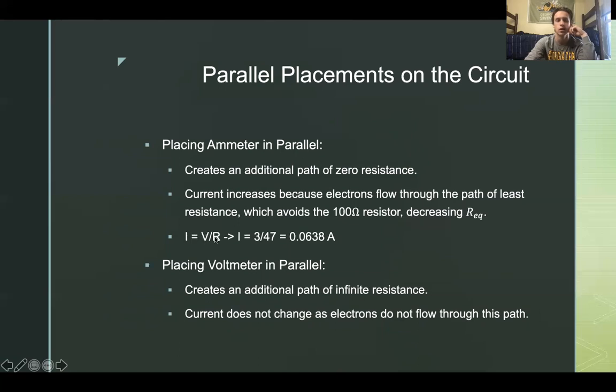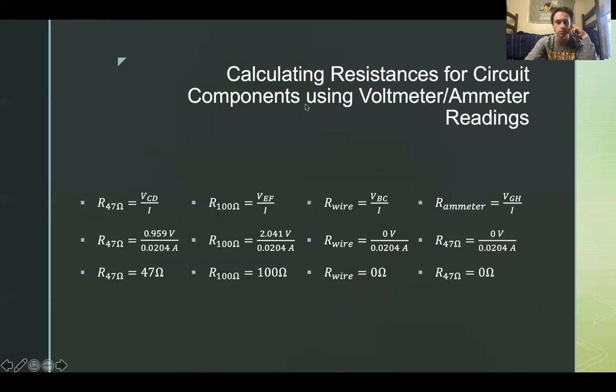We can calculate our new current through Ohm's law, and it comes out to be 0.0638 amps. When we place the voltmeter in parallel, it does not change the current, as it creates an additional path of infinite resistance, which is why electrons do not flow through that path, because they always choose the path of least resistance.